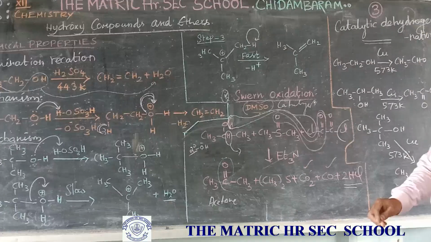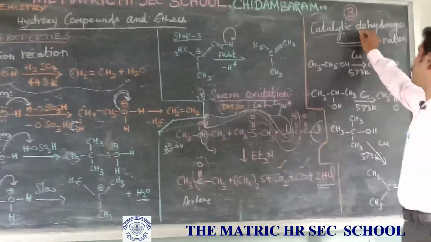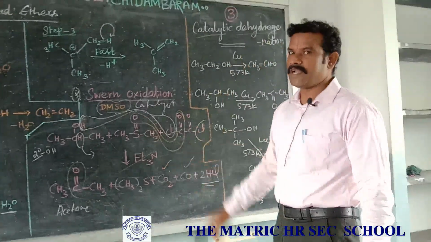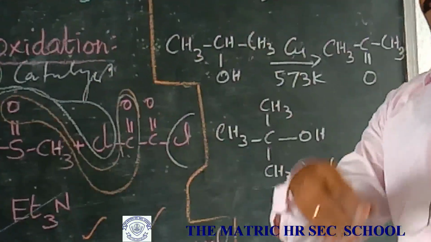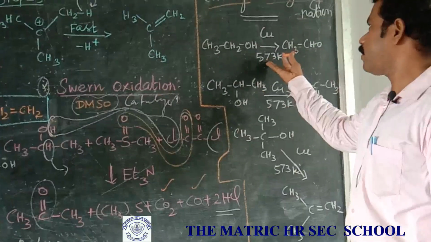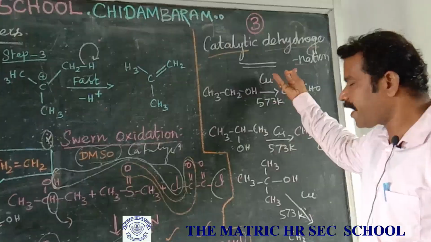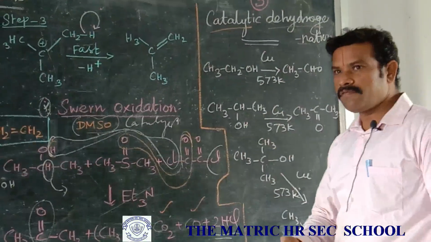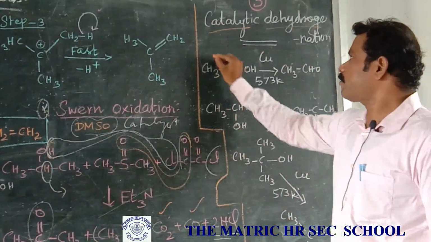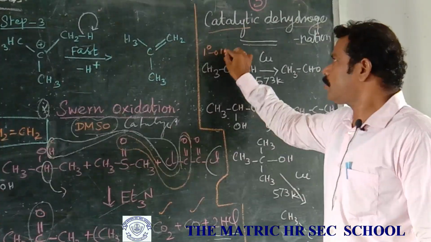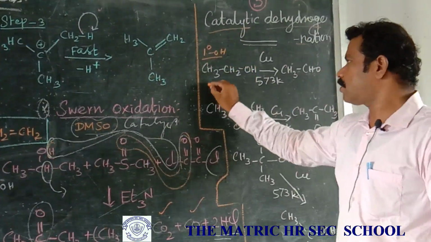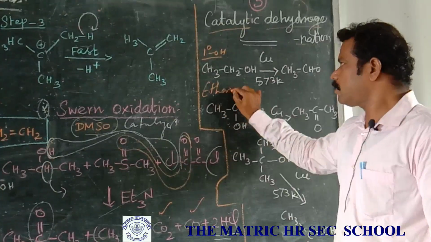Okay. Then next we go to the catalytic dehydrogenation reaction. You will take any one catalyst at 573 kelvins, such as copper, silver, etcetera. First I will take a primary alcohol. You know the primary alcohol is ethanol.